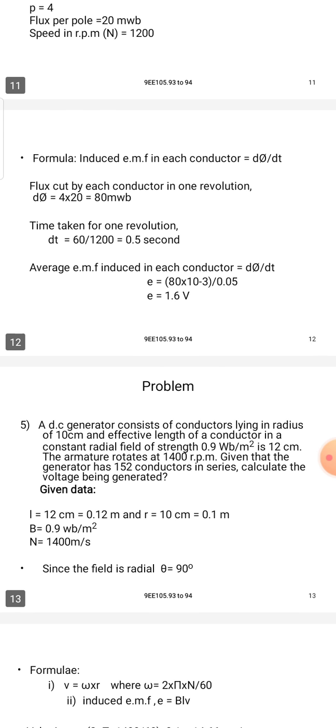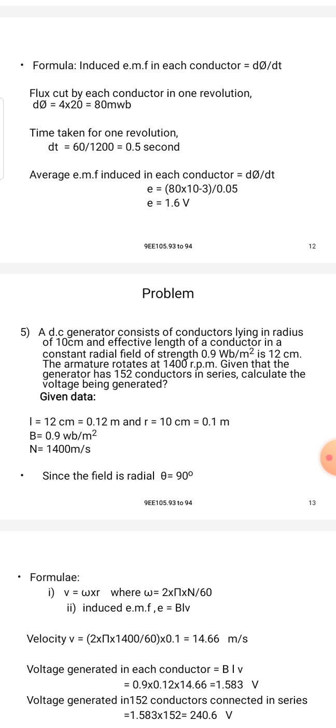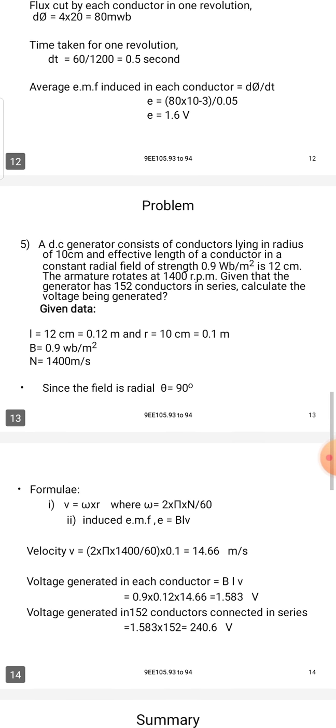And the last problem on dynamically induced EMF.